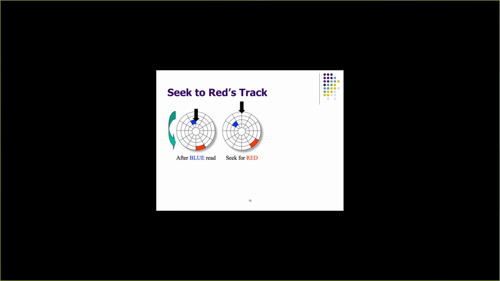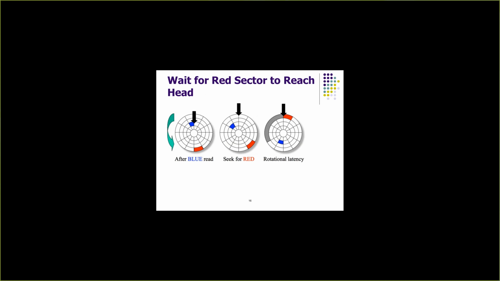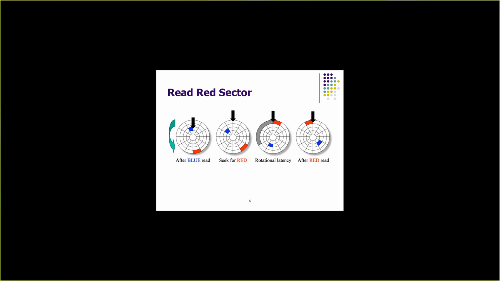And then we rotate the disk counterclockwise so that the read head is just before the red sector. Finally, we read the red sector and we transmit the data that we read to the operating system that made the request.